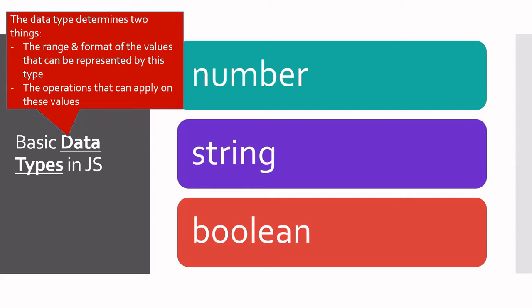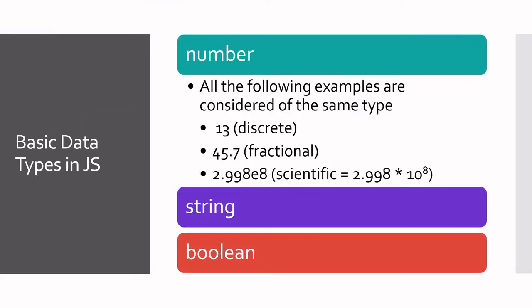Now when we are talking about JavaScript, we have three. First one is number, and this is the first distinction between Java and JavaScript. If you remember, in Java, how many types do we have to represent numbers? Integers is one type.